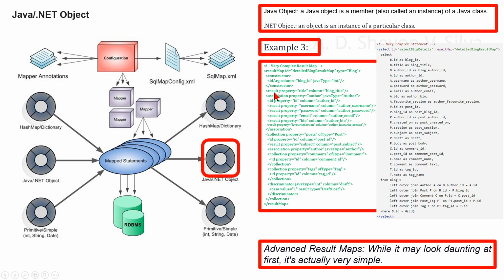The result, a normal result injected into a field or JavaBean property. Association, a complex type association, many results will roll up into this type.